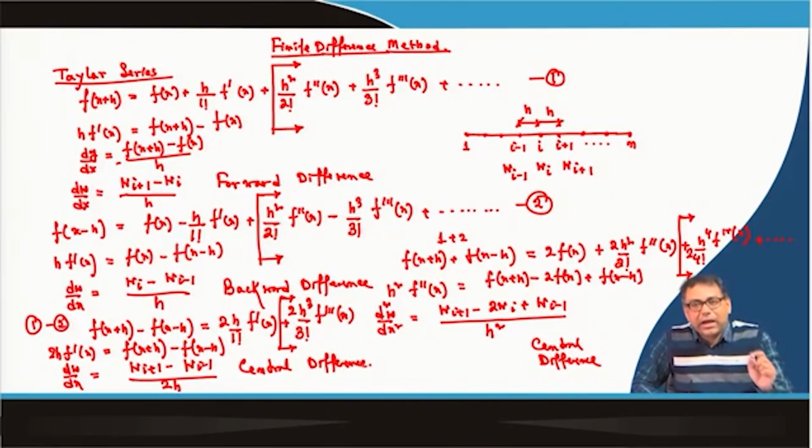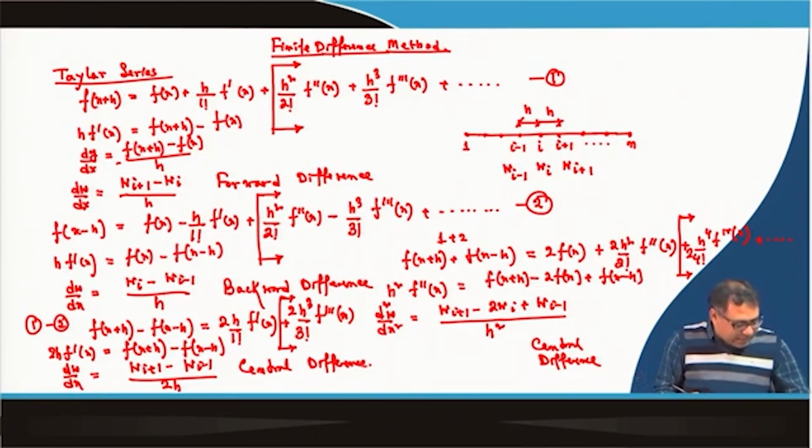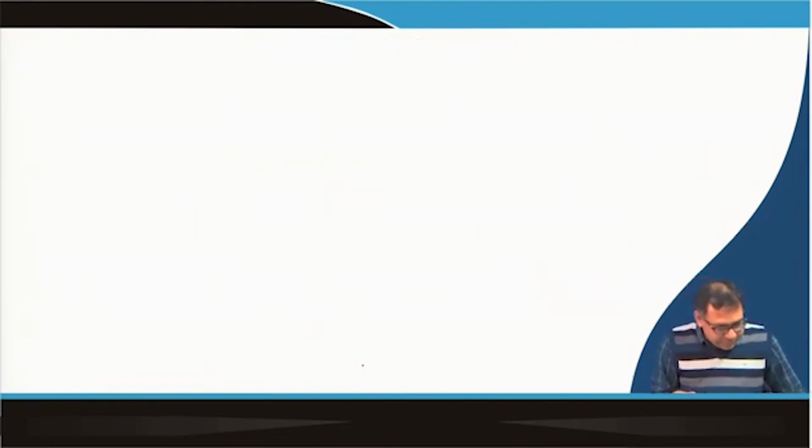And one more thing I want to mention, do not mix these two schemes when you are using them in your problem. Try to use the central difference scheme in all the cases in a particular problem.